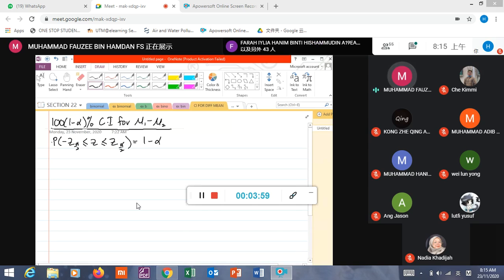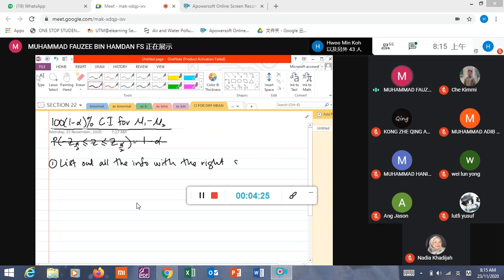So again, the first step: you need to list out all the information with the right symbol.